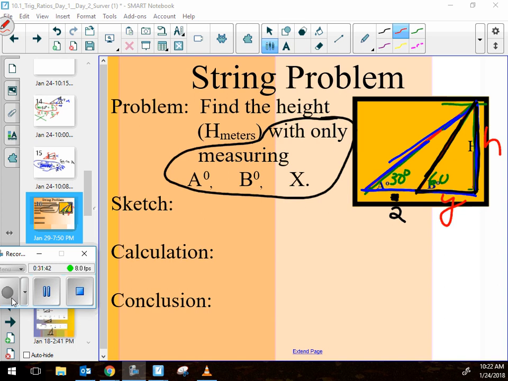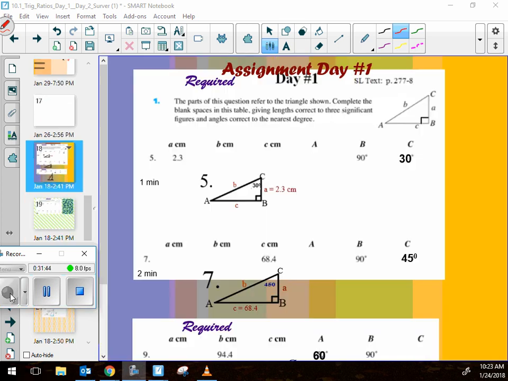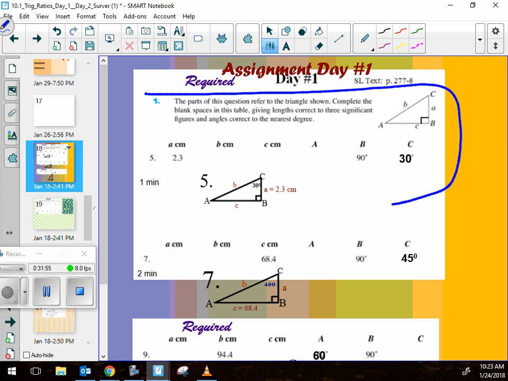Right now, I'm going to pause while I find the homework area. So on this page where it says assignment day 1, I need to just do a few practice from here. We're going to do this one right here, the very first one. Notice it gets a little icky on like problem 1 and then immediately is followed up by problem 5.